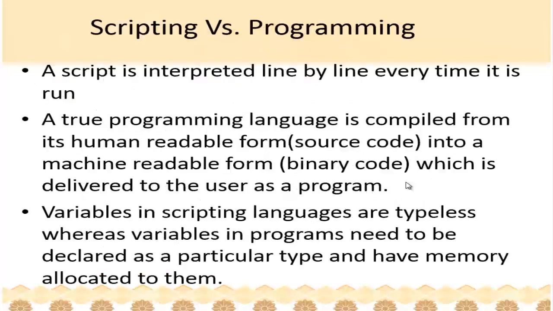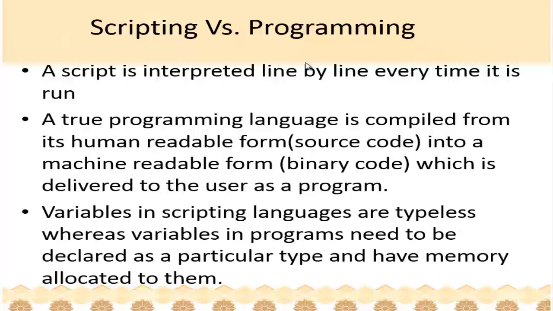Now let's look at a few differences between scripting versus programming. Whenever we write a script, scripts are interpreted line by line. They are not compiled and converted into machine instructions and then executed. The script is interpreted, and then the equivalent code is generated. That's one difference. Next, whenever we write scripts, we don't have data types.